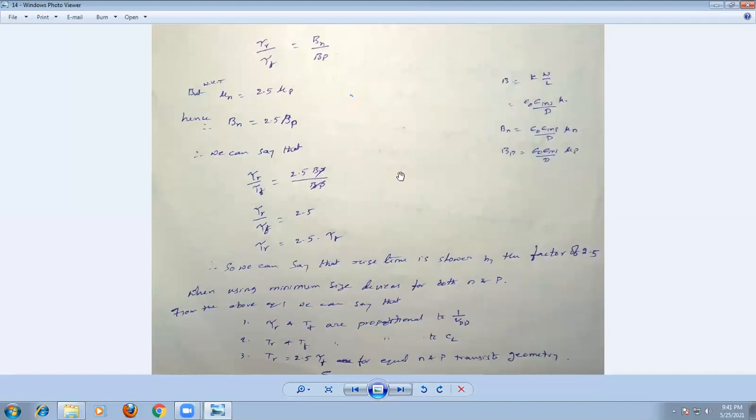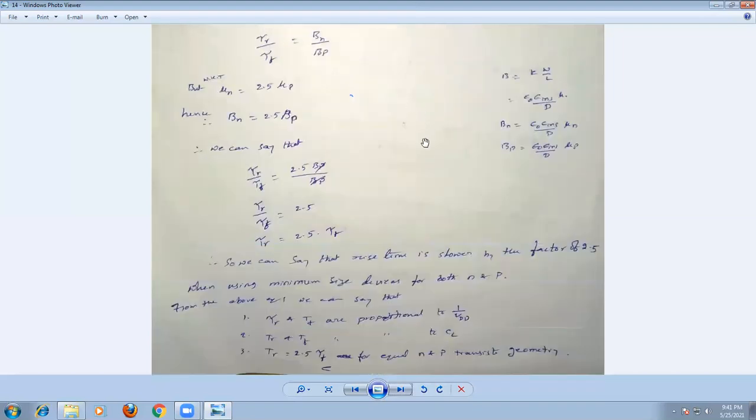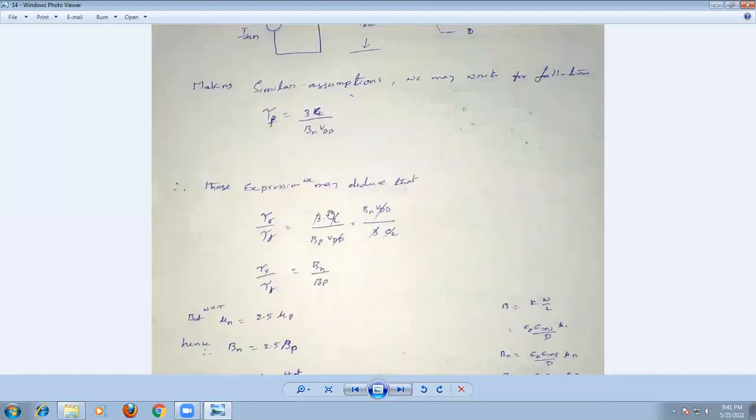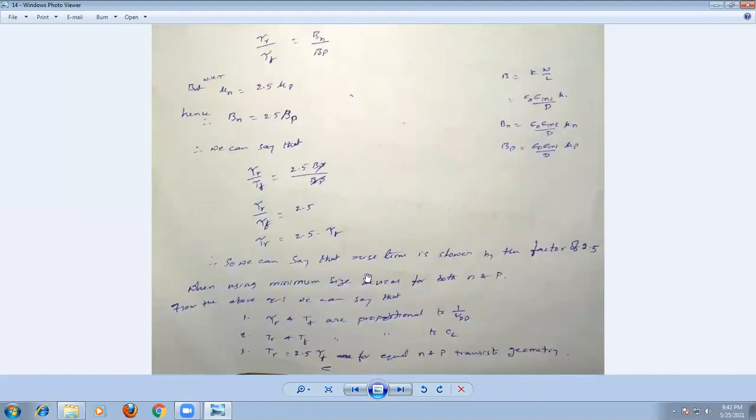From the above equations, particularly for rise time and fall time, we can conclude that rise time and fall time are proportional to 1 by VDD, because from this equation TR is inversely proportional to VDD, and TF is also inversely proportional to VDD. That means we can say that both rise time and fall time are proportional to 1 by VDD.